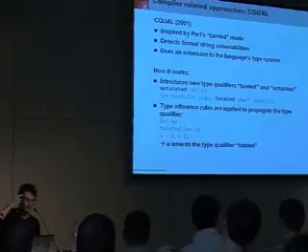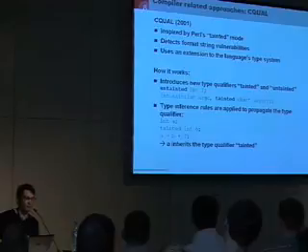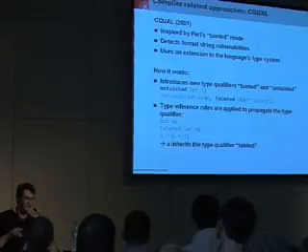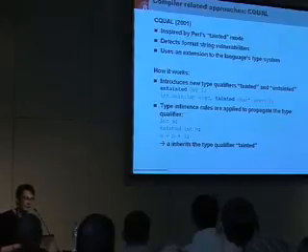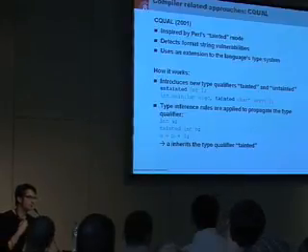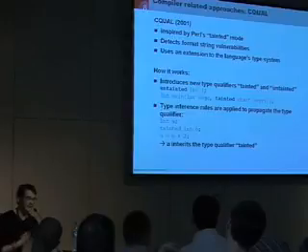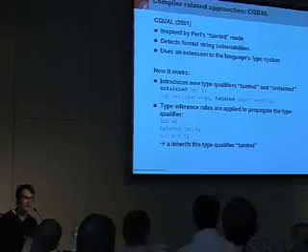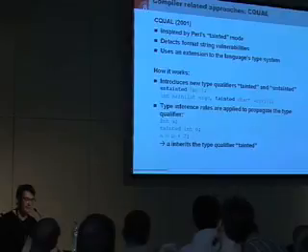So we are able to write in our source code, okay, this should be tainted and this should be untainted, but we have got a lot of variables, and sometimes we don't even know if a variable is tainted or untainted. So for every variable where we don't know if it's tainted or untainted, we apply type inference rules to propagate these type qualifiers.